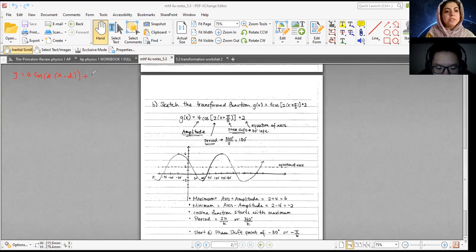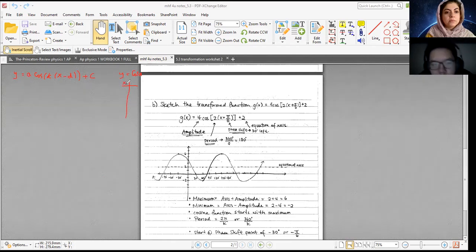I want to use the mapping rule to graph this. For the mapping rule, you have your parent function, y equals cosine of x. This is your parent function. You know the important points on a parent function, right?